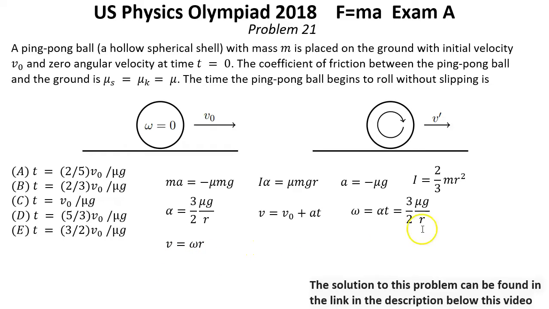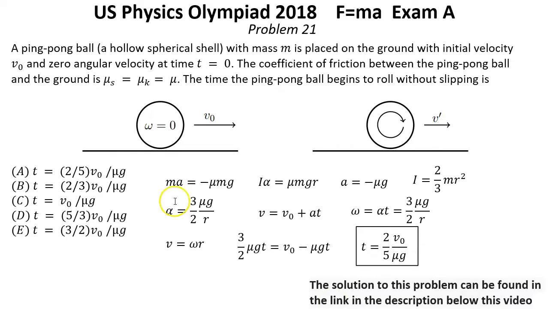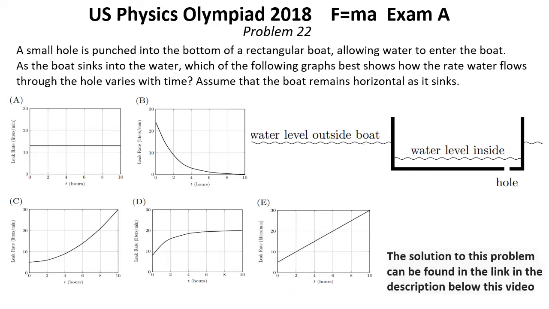And now, using all these expressions, we can make equation 3 over 2 mu gt equal v0 minus mu gt. And from here we can find what is total time when ball begins to roll without slipping. That will be 2 over 5 v0 over mu g, which is answer A, and this is the solution for problem number 21.